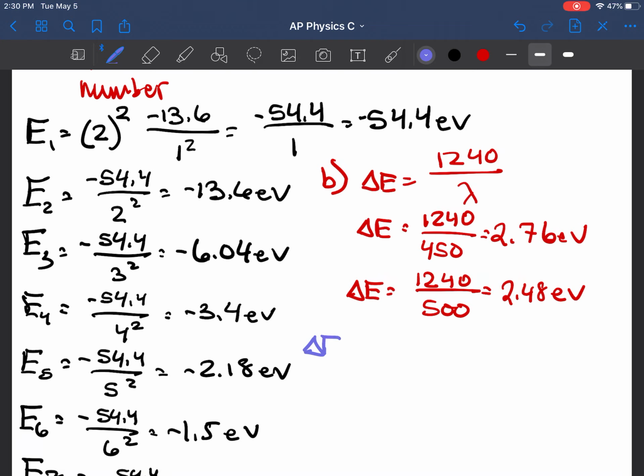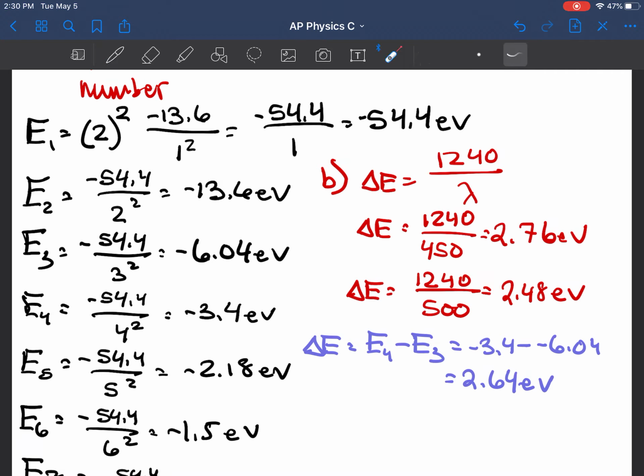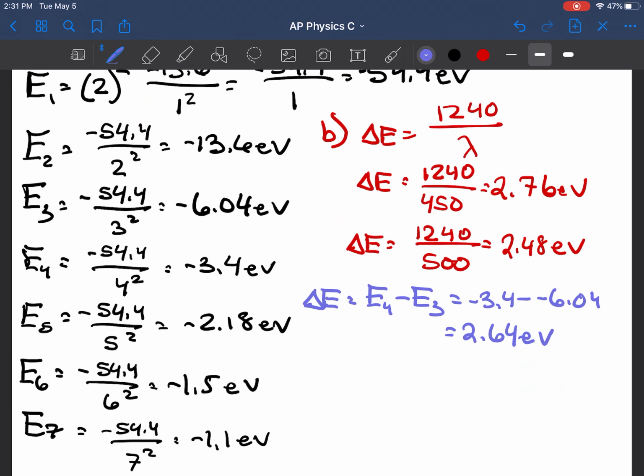If we look at the energy difference from E4 to E3, we get negative 3.4 minus negative 6.04. That gives us an energy difference of 2.64 eV. That does fall within the range, so this transition will result in a wavelength between these two.